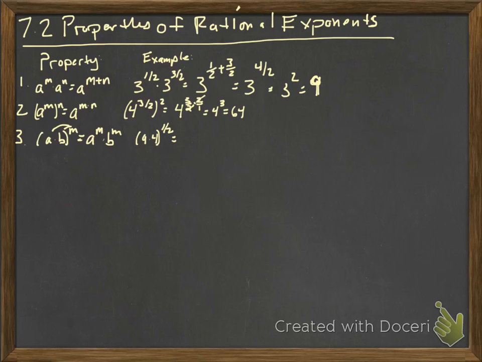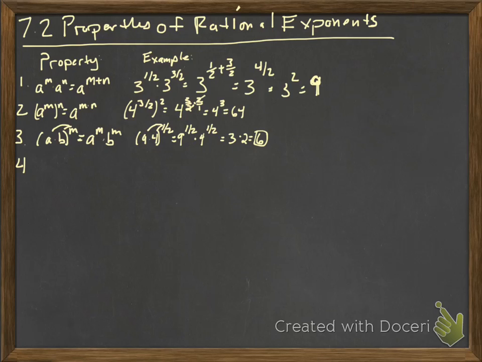I could multiply the 9 and the 4, but that would be no fun because I wouldn't be showing the power of a product property. I'm going to distribute this power of a half to both the 9 and the 4. So I have 9 to the 1/2 power times 4 to the 1/2 power. And if you remember, if you're raising something to the half power, you're really just square rooting. So 9 to the half is really just the square root of 9, which is 3, and 4 to the half is the square root of 4, which is just 2, and 3 times 2 we know is 6. So that would be one way of doing the power of a product property.